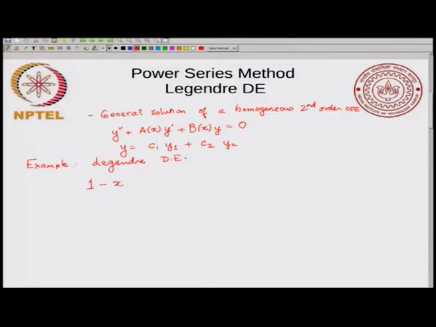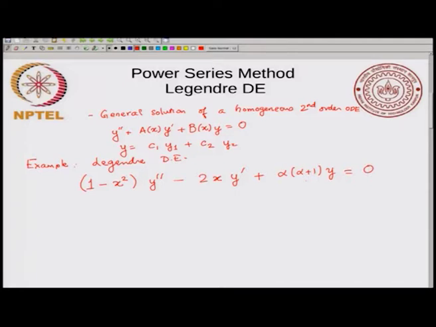The differential equation is (1 minus x square) y double prime minus 2 x y prime plus alpha (alpha plus 1) y equal to 0. This is the Legendre differential equation, and later on we will be interested in integer values of alpha, but right now this is the form of the Legendre differential equation.